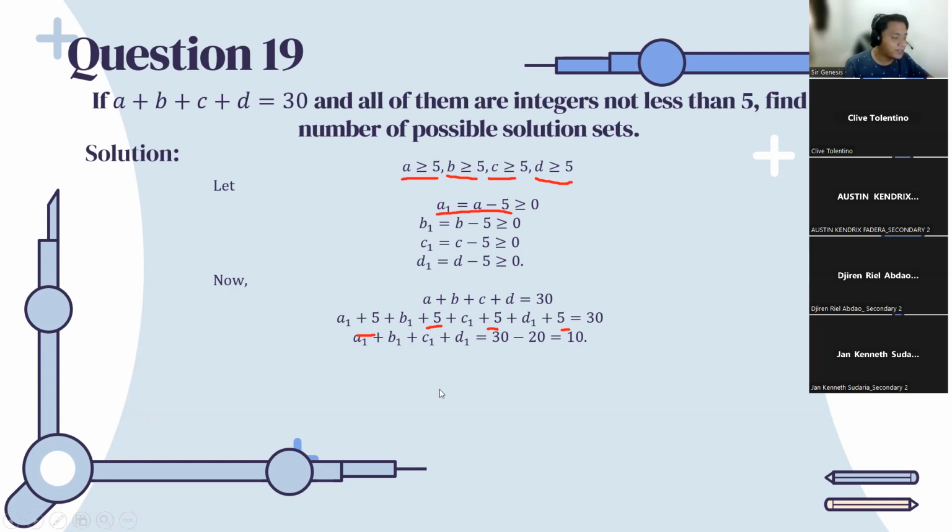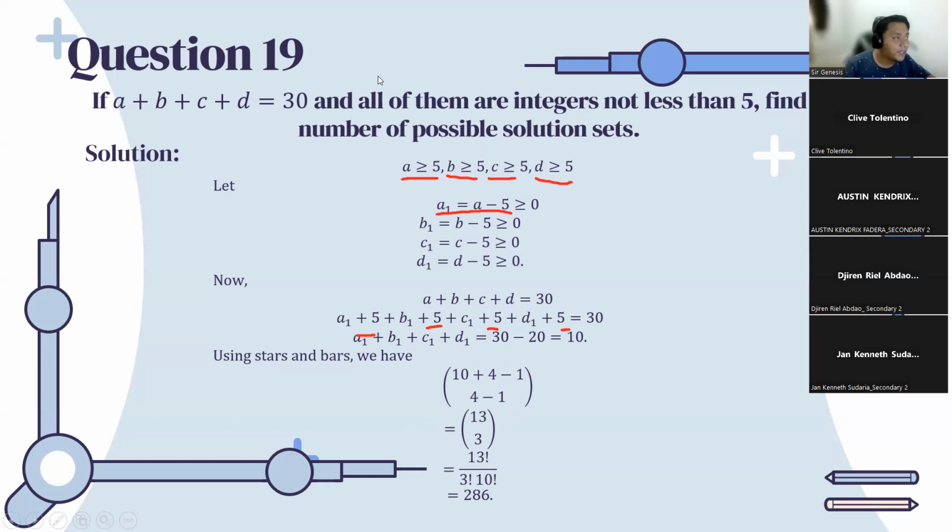Now, if you use the stars and bars formula, n is equal to 10, k is equal to 4, so 10 plus 4 minus 1, choose 4 minus 1, which is equal to 13 choose 3, which when simplified is equal to 286.